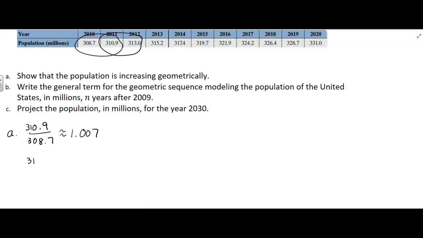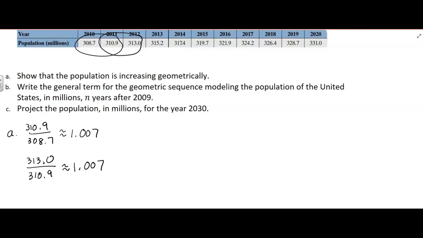So I'm going to do 313.0 divided by 310.9. And you put that in your calculator. I already did this previously, but rounding it off to 3 decimal places, again, you get about 1.007. Now that gives us a sneaking suspicion, well, maybe it's geometric.